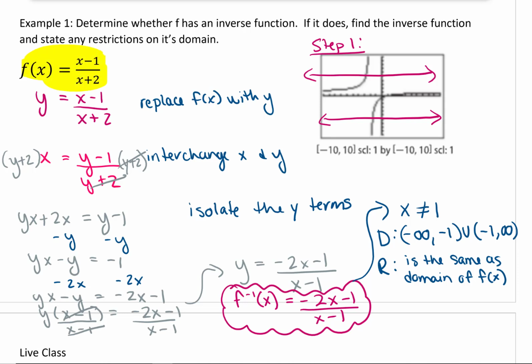So I go back to the original, and what is the value of x that makes that function undefined? If we plug in x is equal to -2, the denominator would be equal to 0, and the entire thing would be undefined. So that is our range of the inverse.